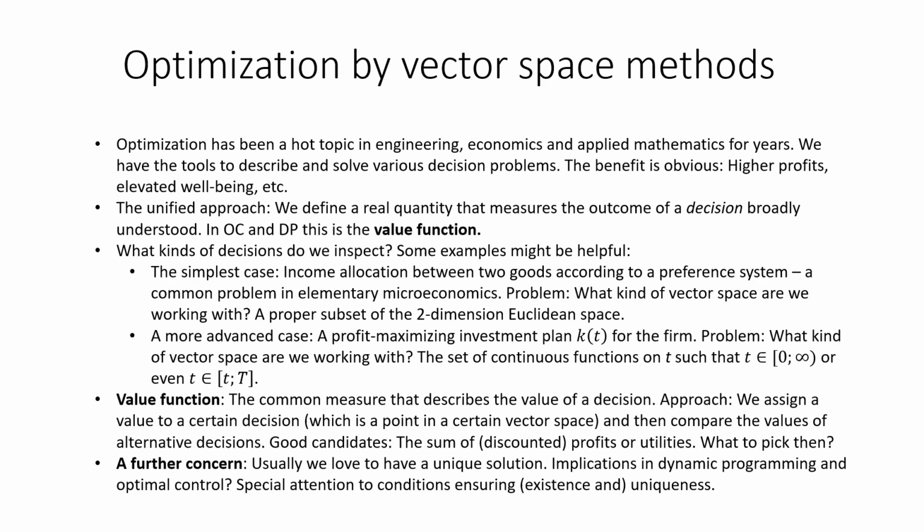In economics, this unified theory is price theory or capital theory, and the unified method is this vector space optimization. So no matter what decision problem we examine, we can describe the decision problem in a way that we can solve by the use of a certain type of vector space method.